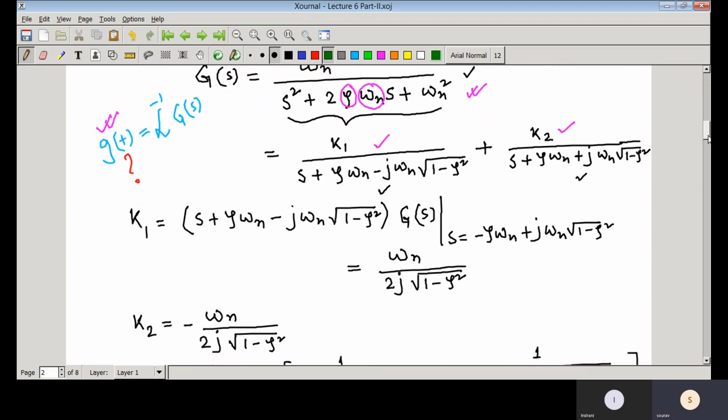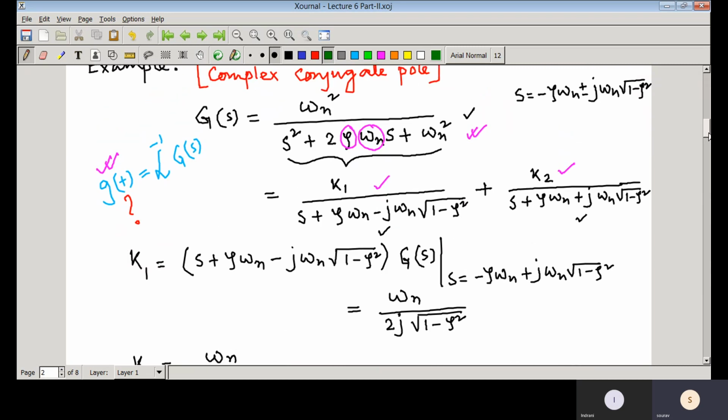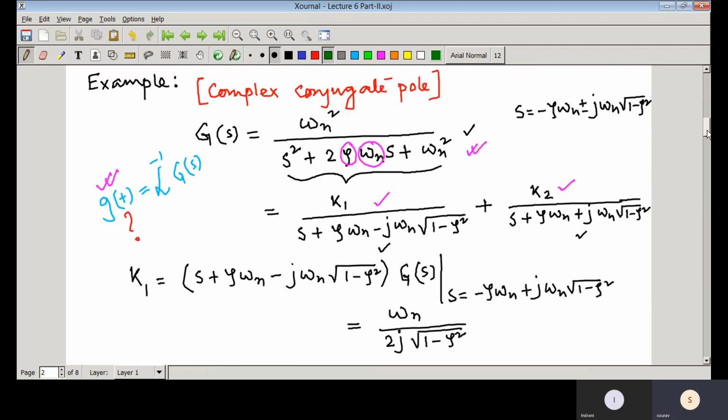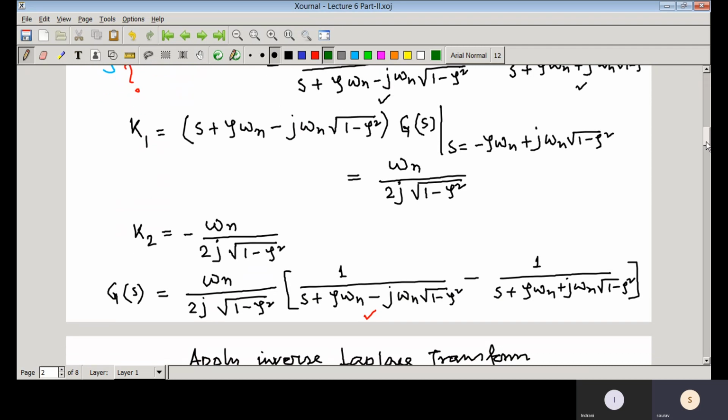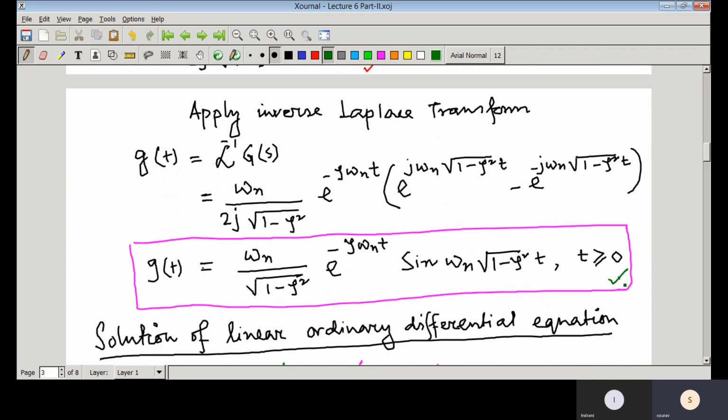As I have pointed out, this zeta omega n carries some physical meaning, and in control analysis as well as design you will see that this expression is called the transfer function. It will appear anywhere, and you need to find that g(t). So it is always good to remember that final expression instead of deriving it again and again.